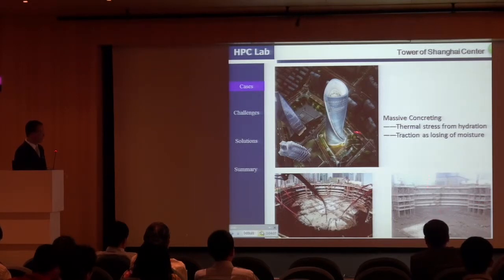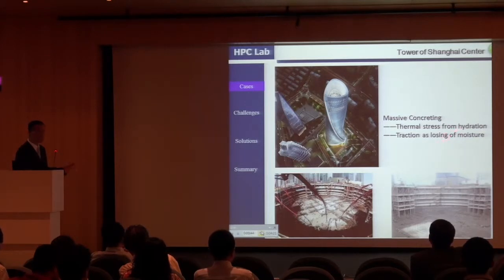To sustain a high-rise building of more than a million tons, huge slabs of mass concrete should be cast. So the thermal stress during the hydration heat would be a major concern.